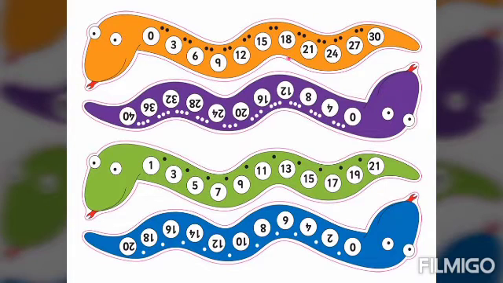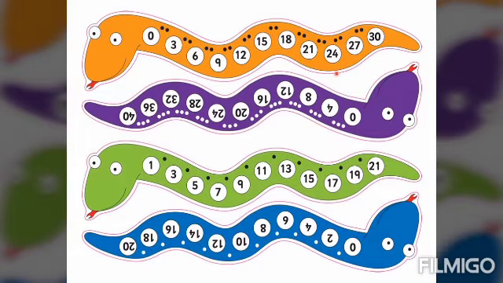They are mixed actually, and we need to identify, class, which are the even numbers and which are the odd numbers. So again, for the orange snake, the even numbers are, listen, class, 0, 6, 12, 18, 24, and 30. So all those numbers I mentioned are all even numbers.